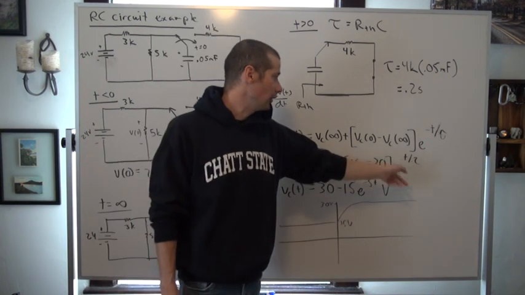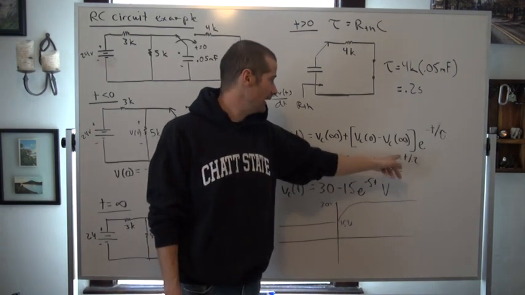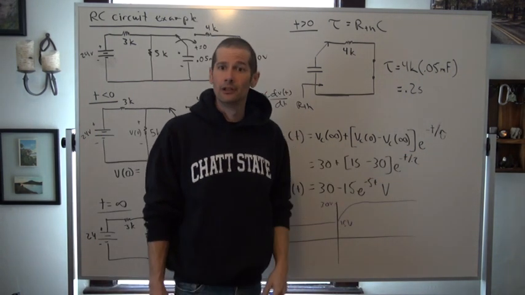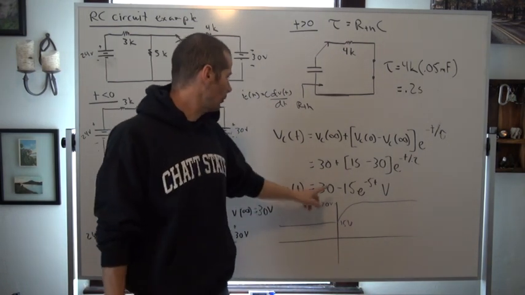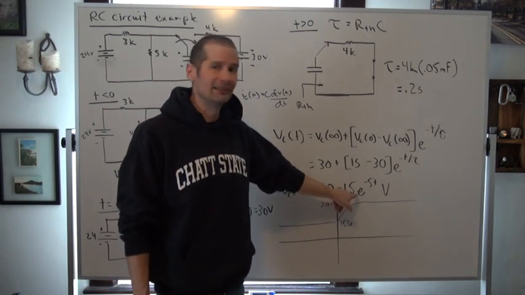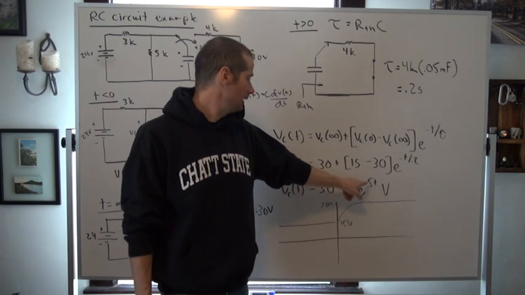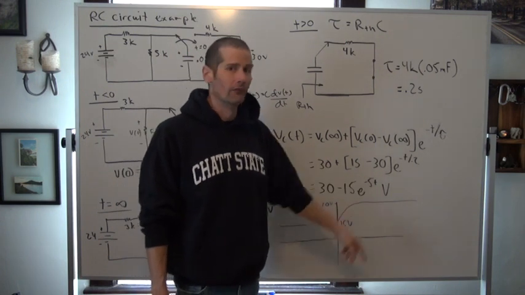And then in the argument of the exponential, we have negative t divided by 0.2, so we get 30 minus 15 times e to the negative 5t volts.